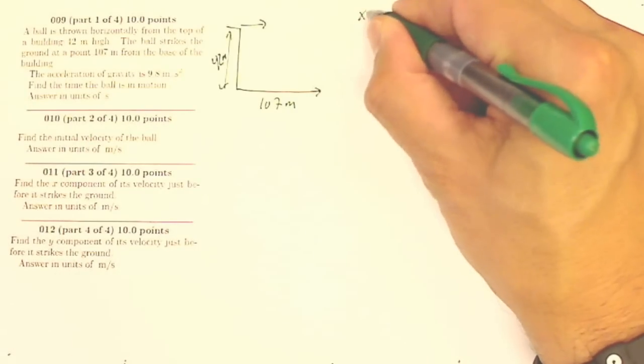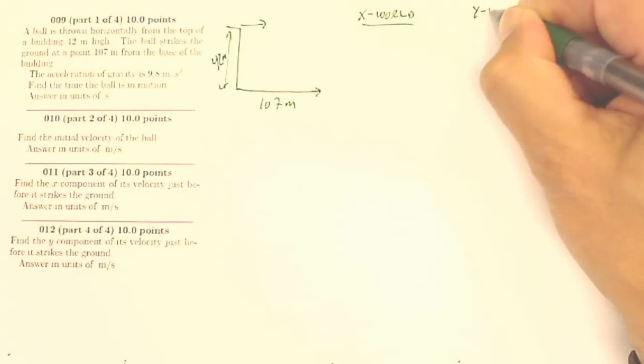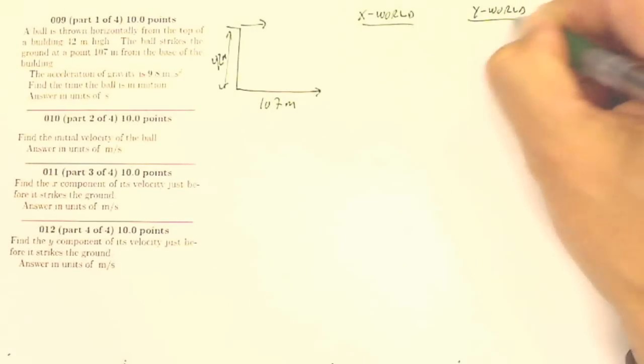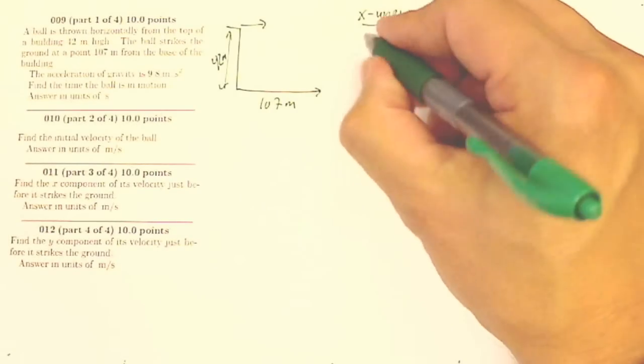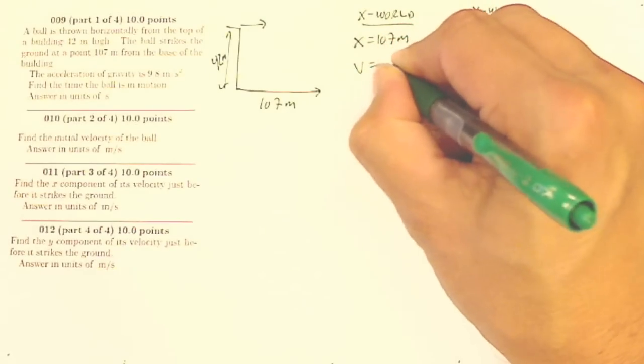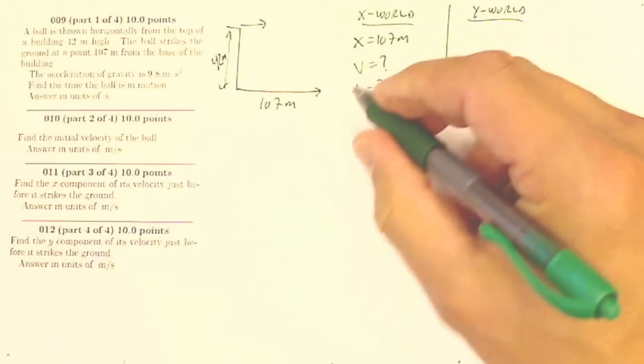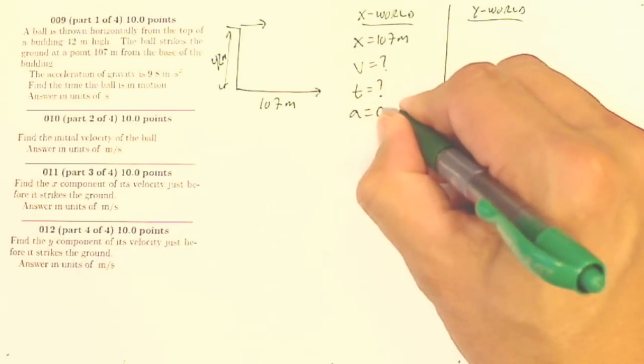So I've got x world. I've got y world. X world, I have a displacement of 107 meters. I have a velocity that I don't know. I have a time that I don't know. I know my acceleration is 0, as it always is.